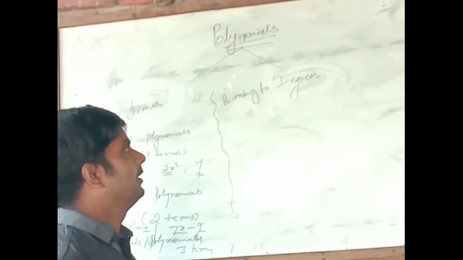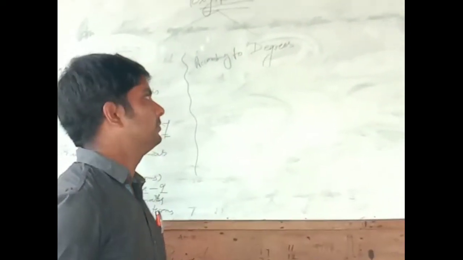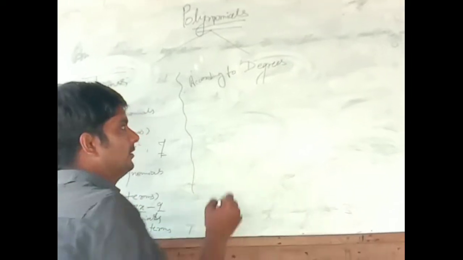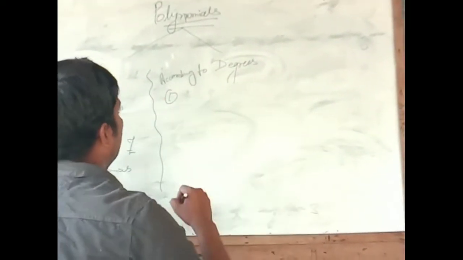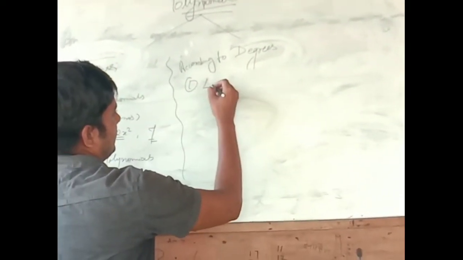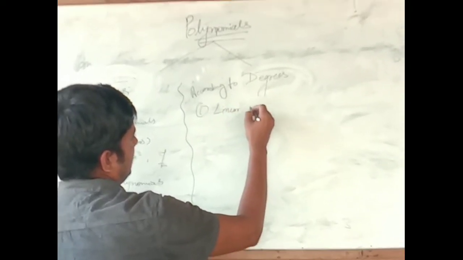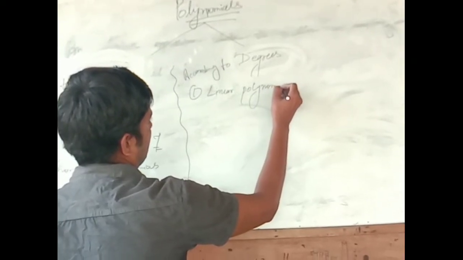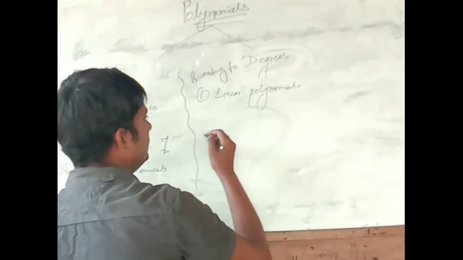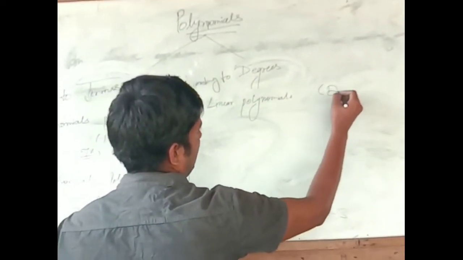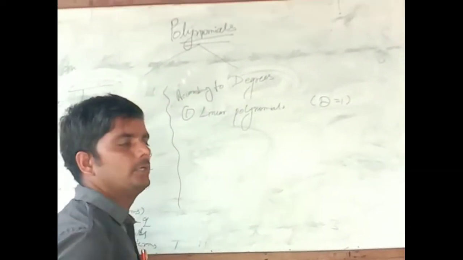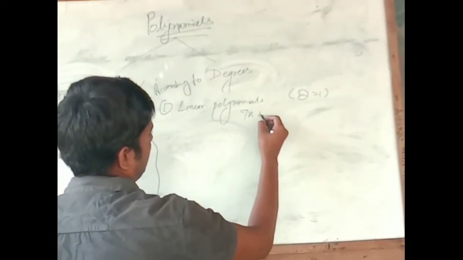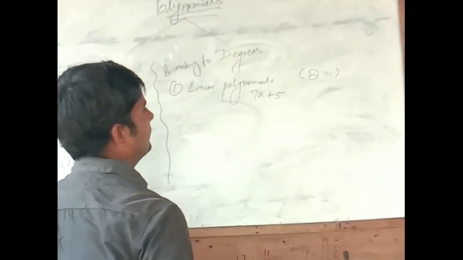Now, according to the degree, we can also name the polynomial. A polynomial which has degree 1 is called a linear polynomial. For example, 7x + 5 has degree 1.